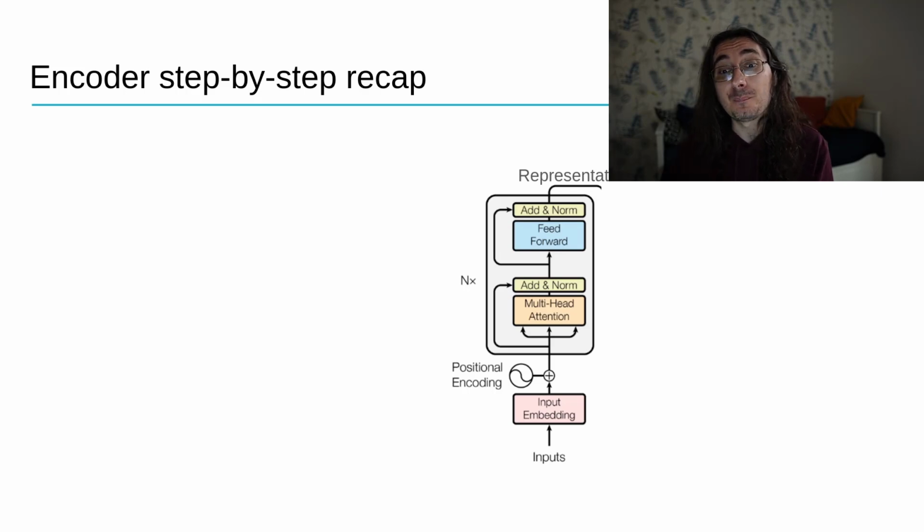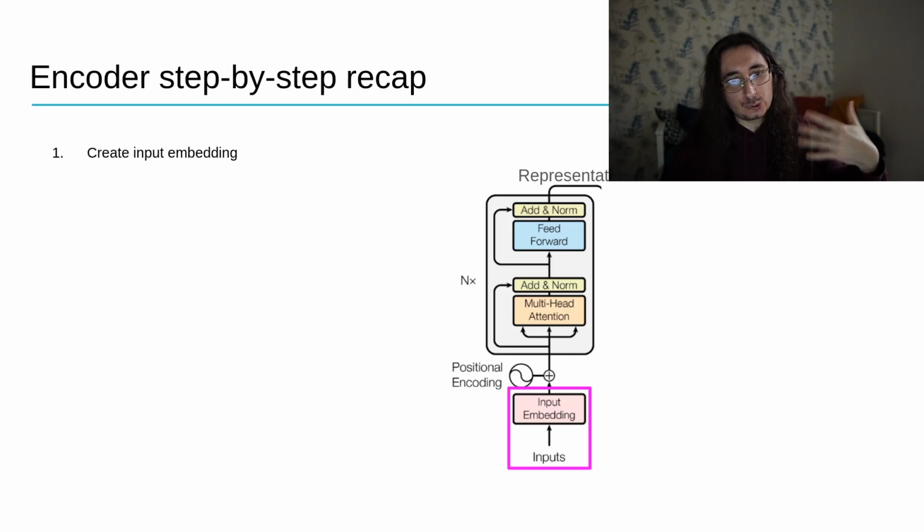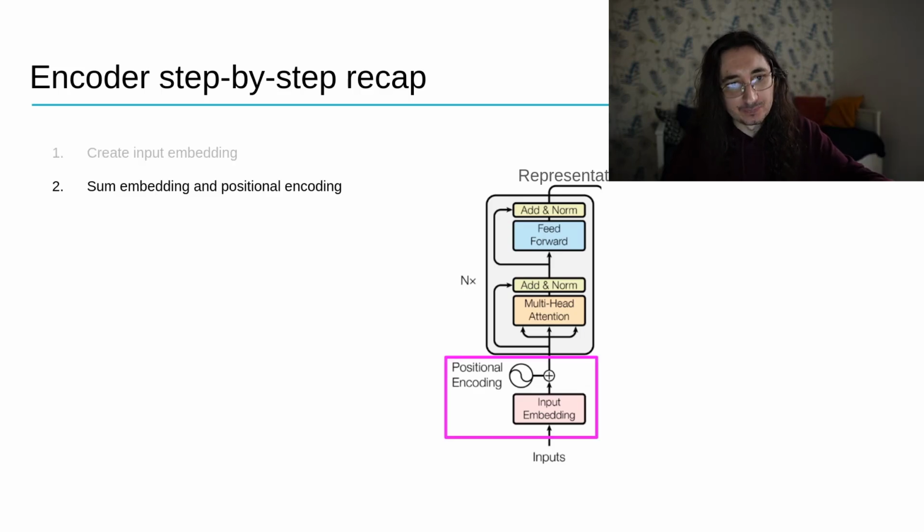All You Need paper. By now, you should be able to understand all the different parts and know what they do. Let me go through all the processes that we have in the encoder step by step. So we start by creating an input embedding, then we sum the input matrix with a positional encoding matrix so that we have an input embedding now that also has some information regarding relative order.